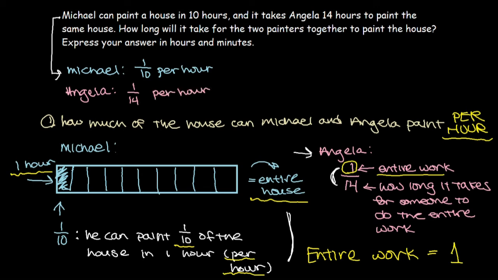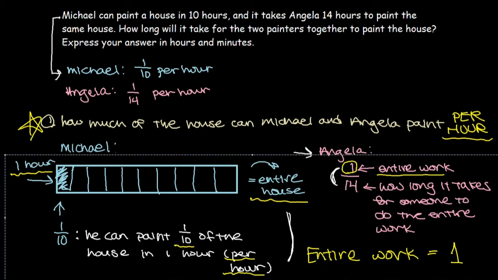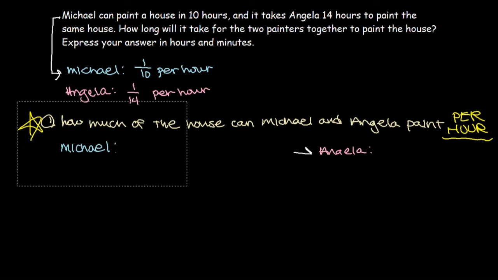And as I said, that is the first step that you need to take when you're solving work together problems. Now let's get rid of all of these since we don't need that anymore.